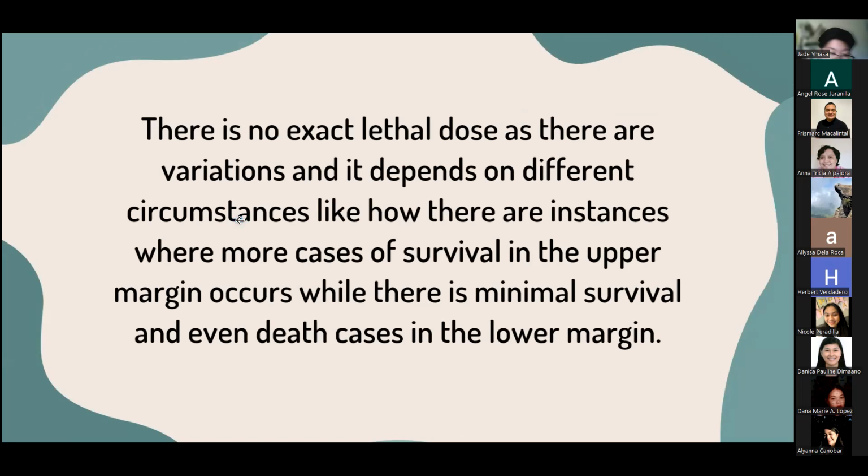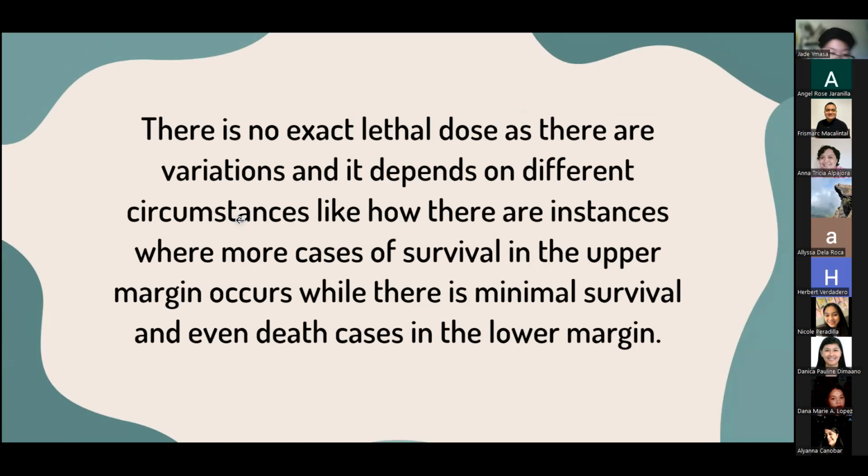So one takeaway note is there is no exact lethal dose, as there are variations, and it depends on different circumstances. Like how there are instances where more cases of survival in the upper margin occur, while there is minimal survival and even death cases in the lower margin.